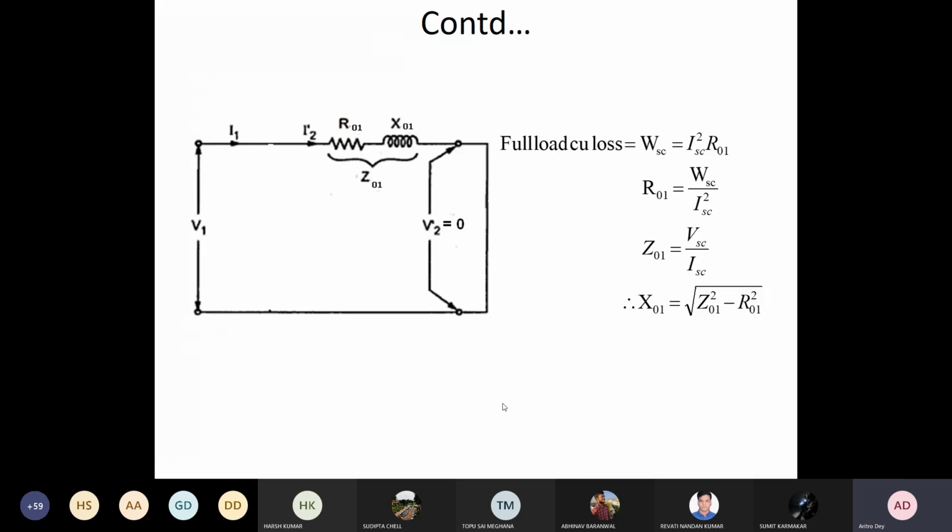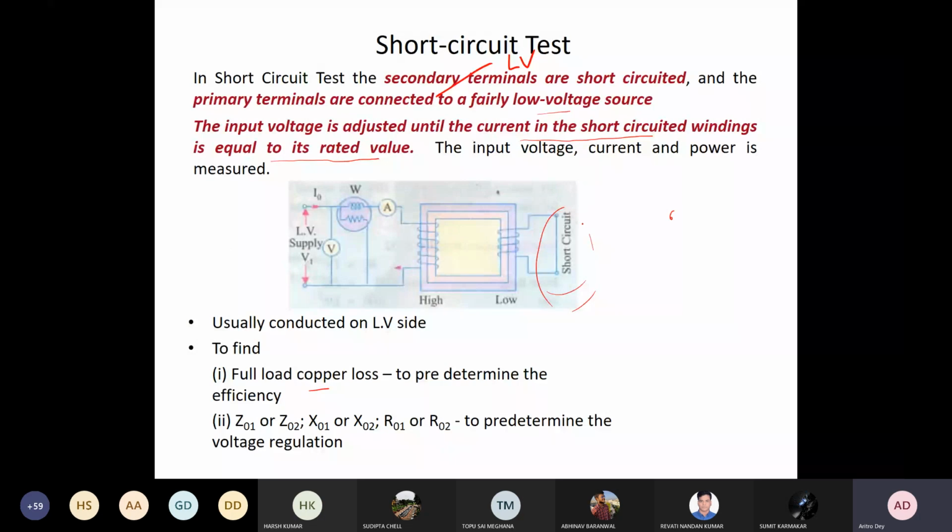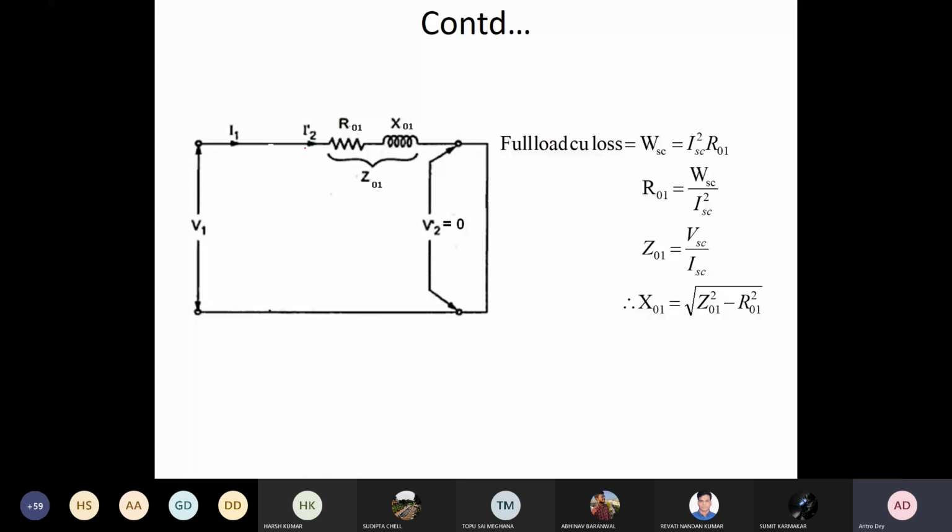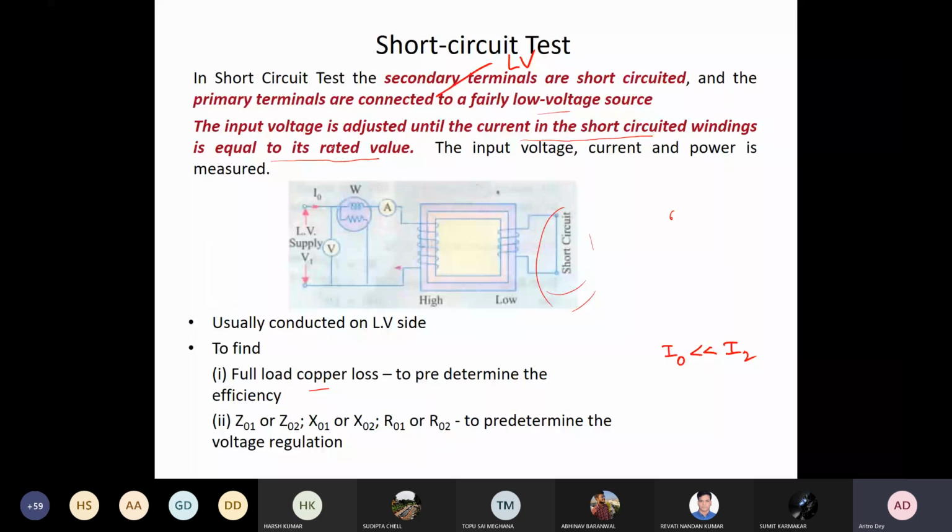When it is in the short circuit mode, this current will be much higher than the magnetizing component. So if your I0 is very much less than I2, then we can ignore the parallel path as if it is a very high resistance path. So we ignore this path and we have only this. You have the wattmeter reading, voltmeter reading, and ammeter reading.